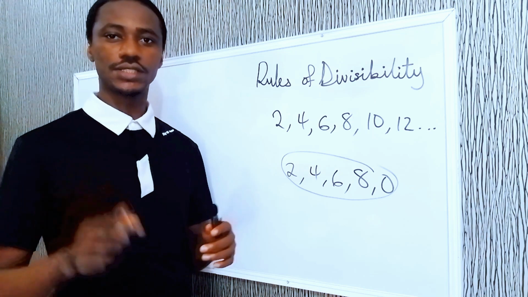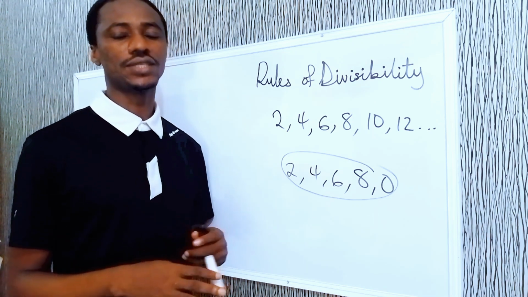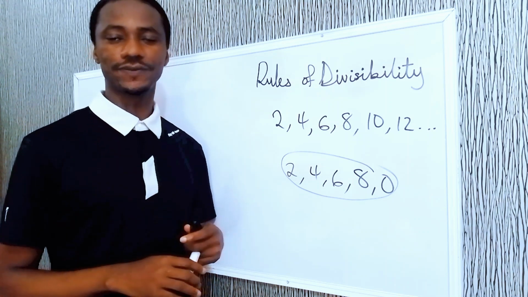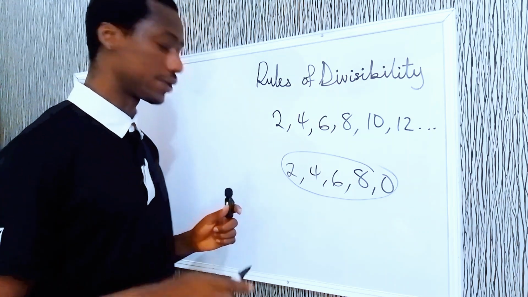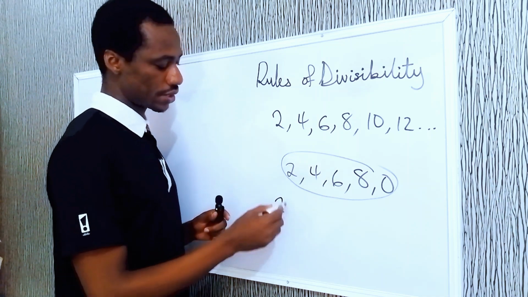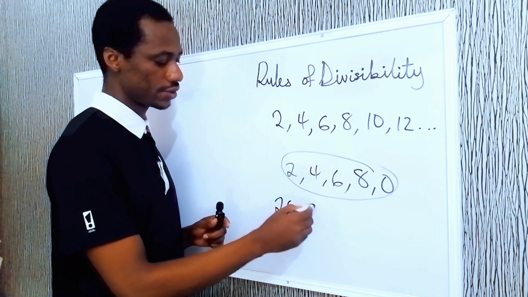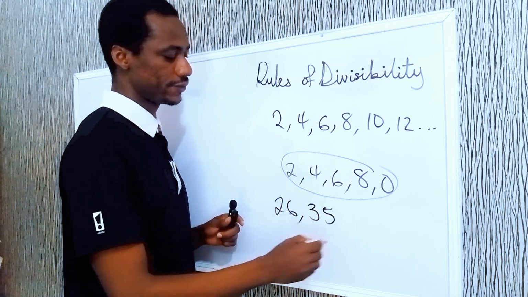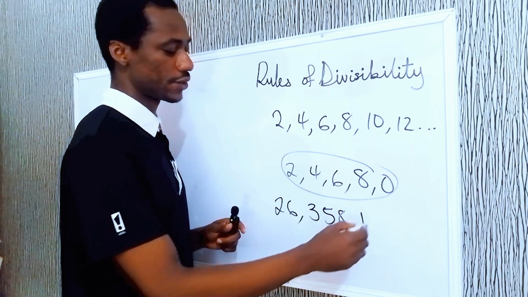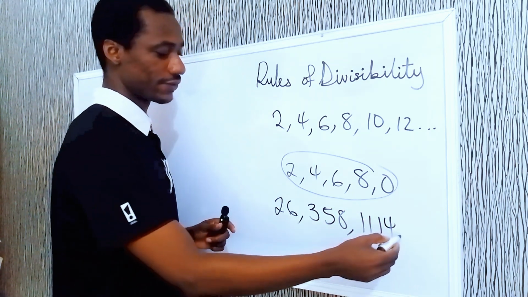All right, I'm going to list out some numbers that are divisible by 2, and then I want you to list out at least 5 numbers for me that you know are divisible by 2. So I'm going to give you 4. So you have a 2-digit number, let me say 26, a 3-digit number, 358, a 4-digit number, 1114, a 5-digit number.